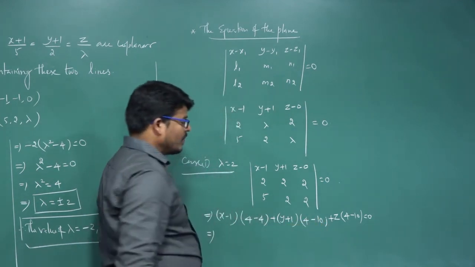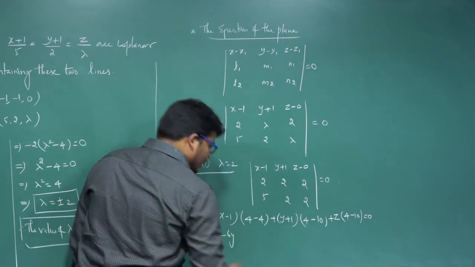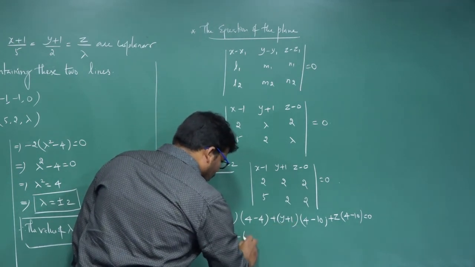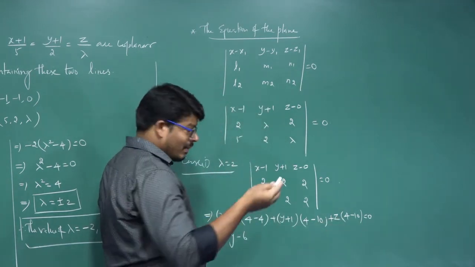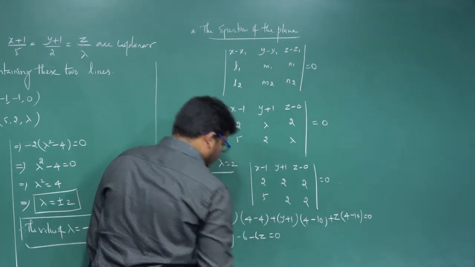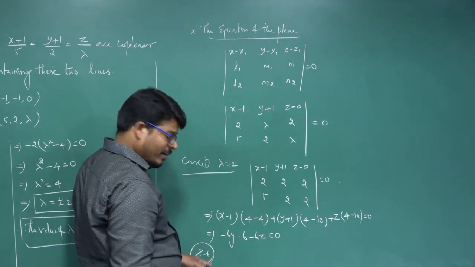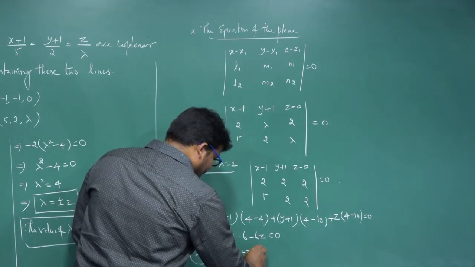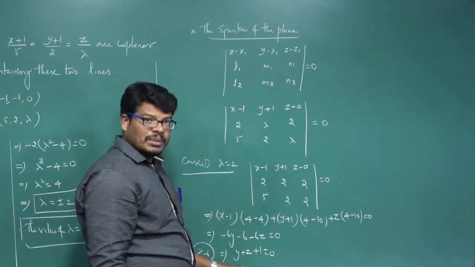Next, 4 minus 10 is minus 6, multiplied by y gives minus 6y. Next, z into 4 minus 10, which is minus 6, gives minus 6z, and minus 1 into minus 6 gives plus 6, equal to 0. Dividing the equation by minus 6, we get y plus z plus 1 equal to 0, which is one of the Cartesian equations of the plane.